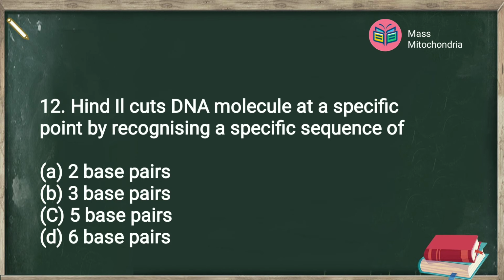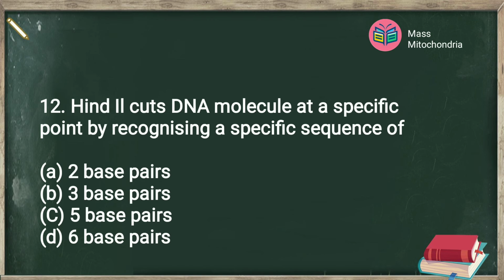Question number 12. HindII cuts DNA molecules at a specific point by recognizing a specific sequence of option A, 2 base pairs, option B, 3 base pairs, option C, 5 base pairs, option D, 6 base pairs.